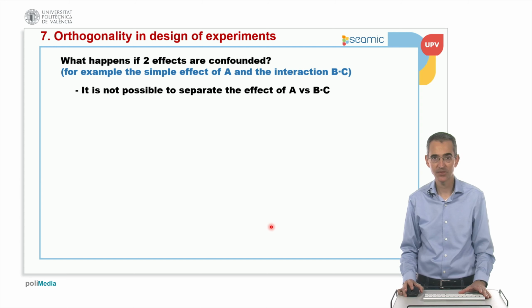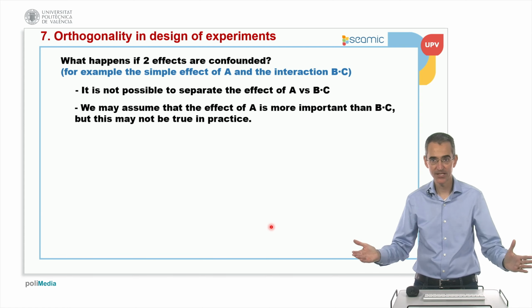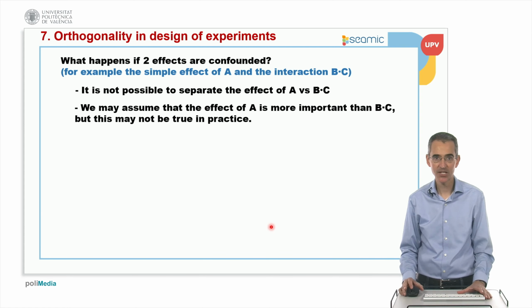It's not possible to separate those effects. But we can assume that the effect of A is more important than the effect of the double interaction. This happens in many cases, but not always. We can make this assumption, but this may not be true in practice. So we may have a mistake when interpreting the results.